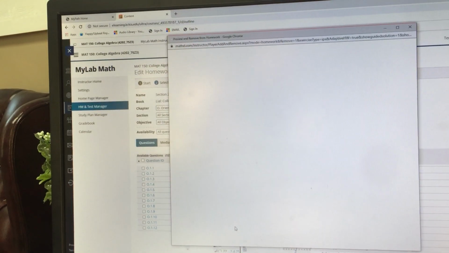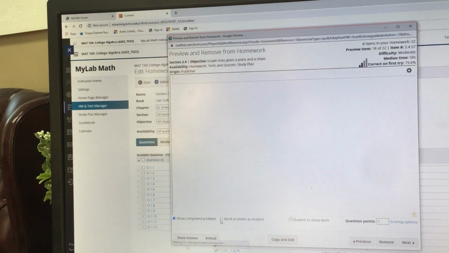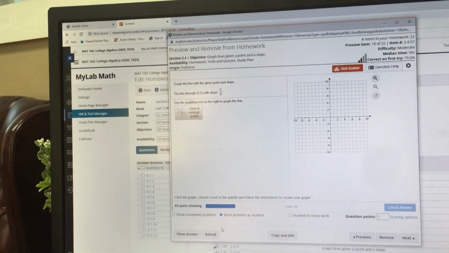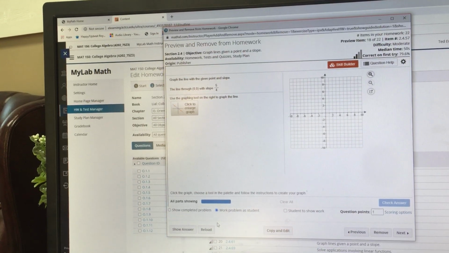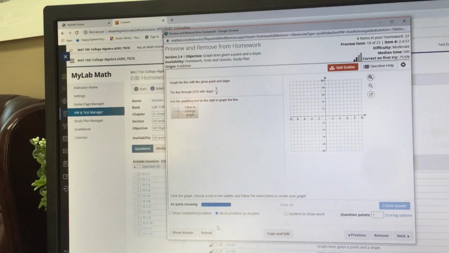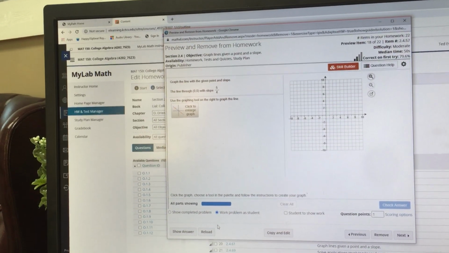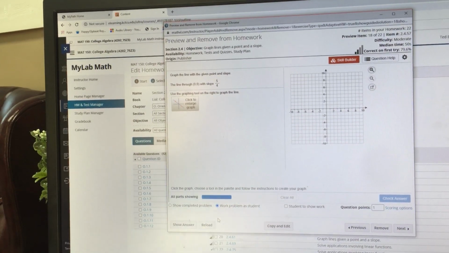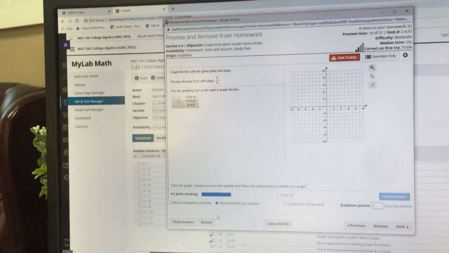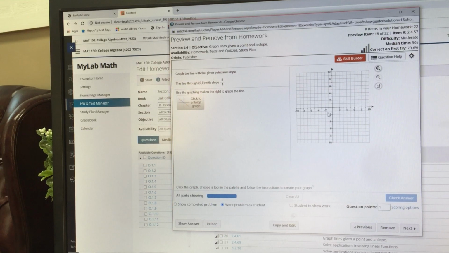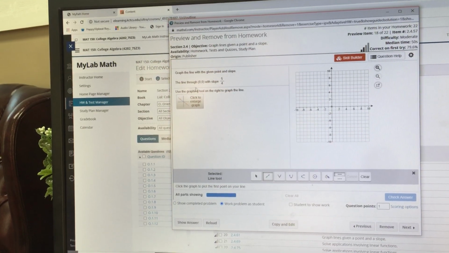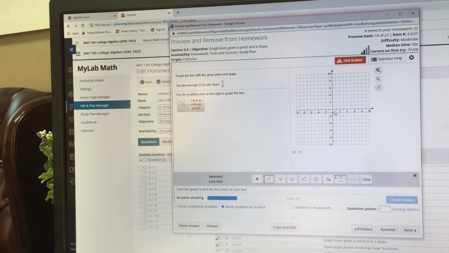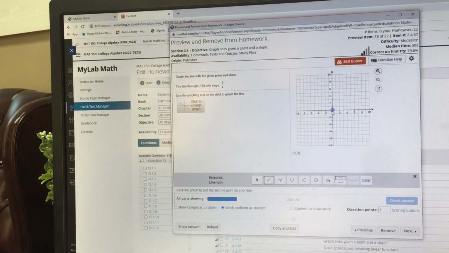18. Here's another one. Okay, on 18, it says graph this one. Look, it goes through 0, 0, and it has a slope of 5/4. Okay, so that's pretty easy. We'll just click the graph, tell it we're going to graph a line, and it's got to go through 0, 0, so we're going to plot that first. 0, 0 is right there.